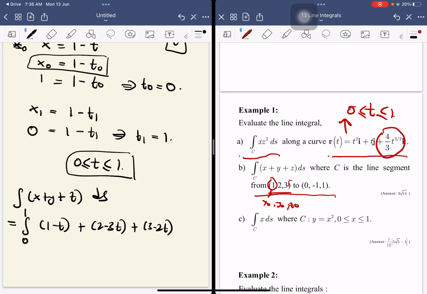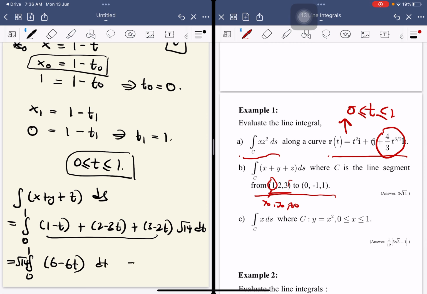And then ds just now is square root 14 dt, right? So if we try to simplify this one, you're going to get the integral from 0 up to 1, and let's put square root 14 outside. And then over here, if you simplify, you're going to get 6 minus 6t dt.